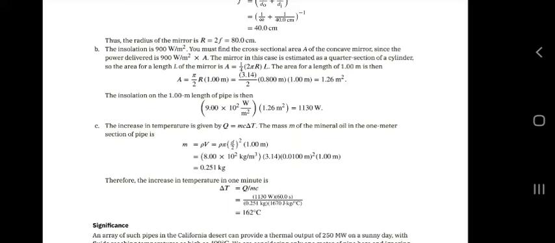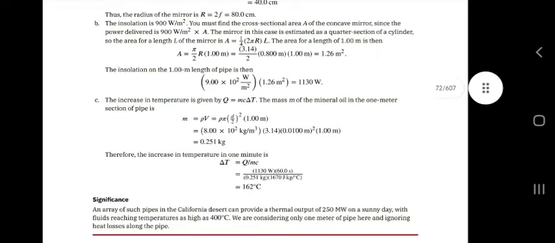So the mass M of the mineral oil in the 1 meter section pipe is M is equals to PV equals to P pi times D over 2 squared times 1 meter. So we must substitute the given values.